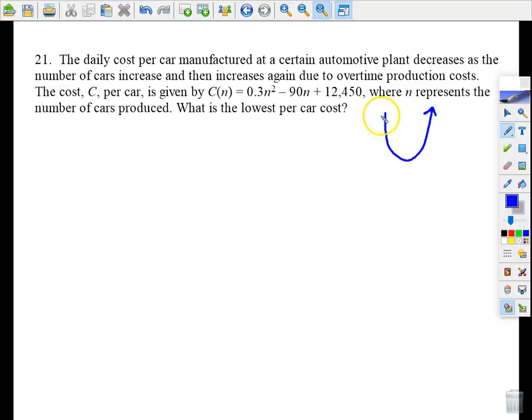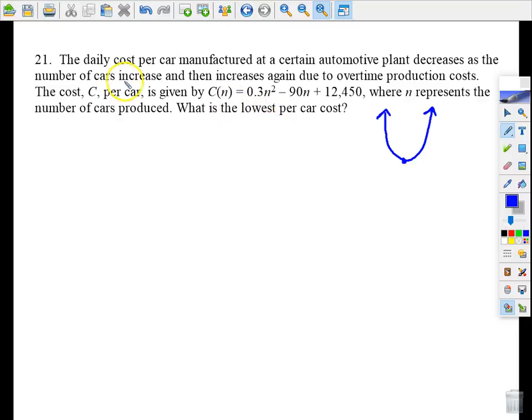I'm just going to draw a rough sketch of a parabola that opens up like this one would. If we want to find the lowest value, or we use the word minimum when we talk about parabolas, then we're basically talking about the vertex, the very bottom point of this upward facing parabola.